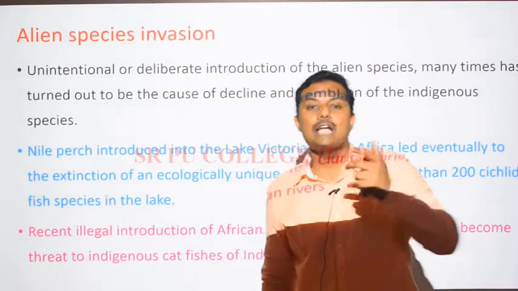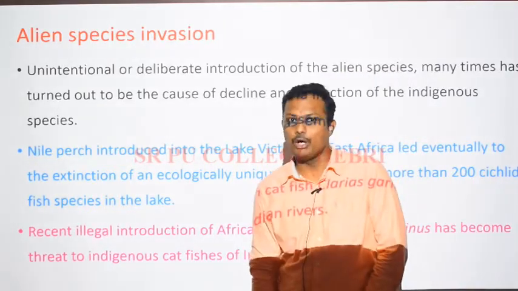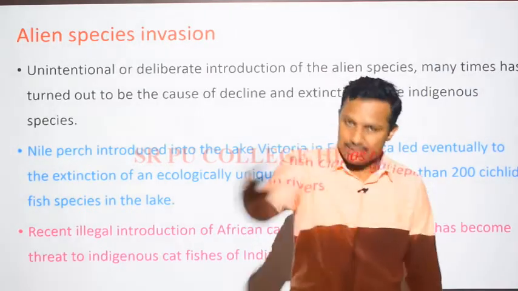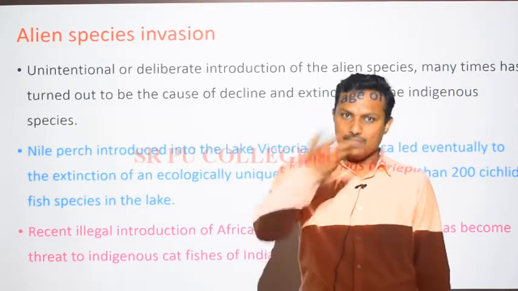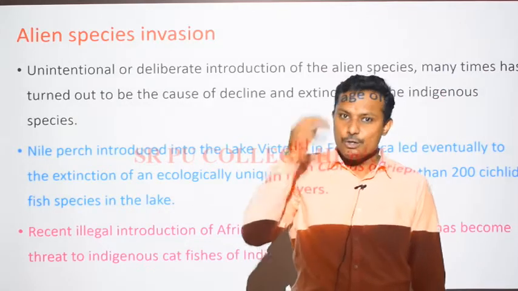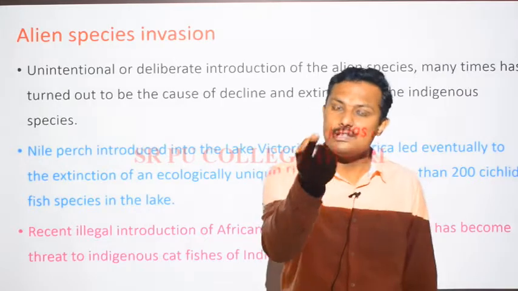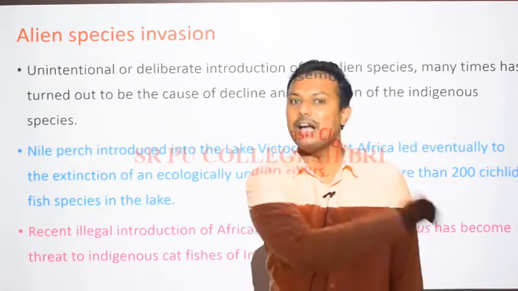Sometimes, see, it happened when World War II was going on. People were transporting wheat to different countries. Wheat was getting transported in gunny bags through air. While transporting like that, unintentionally what happened was that small seeds of Parthenium fell on the ground, even in India, right?